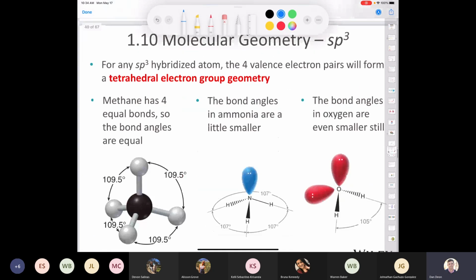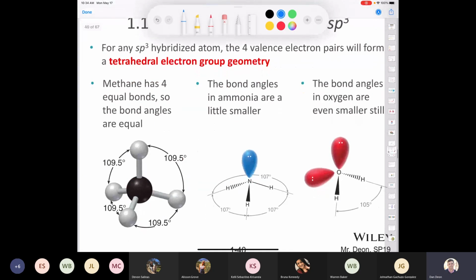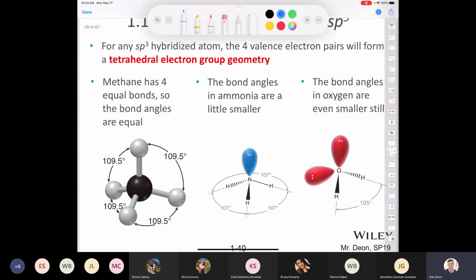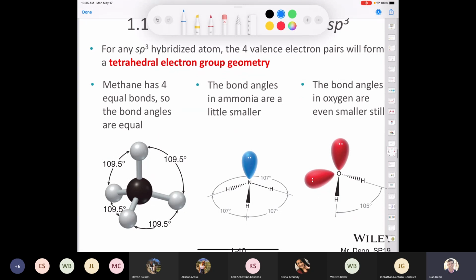Now, again, I told you you need to know the difference between electron geometry and molecular geometry. It says here for an sp3 hybridized atom, the 4 valence electron pairs, whether it's a bond or a lone pair, they're going to form a tetrahedral electron group geometry, right? Methane has 4 sigma bonds, 1, 2, 3, 4.